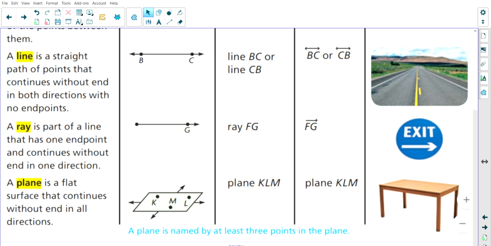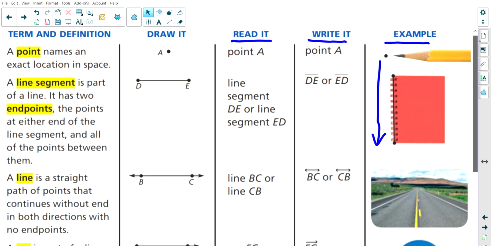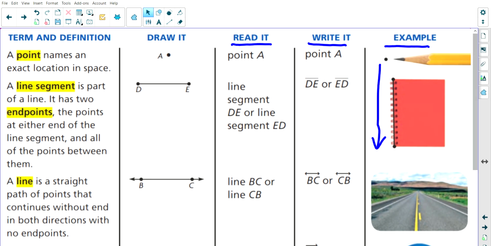Before we do that, let me make sure you understand how we say these different things. So point, we just say point A. Line segment, we say line segment DE or ED, depending on the endpoints. Same thing with lines, we label it by the points on the line.